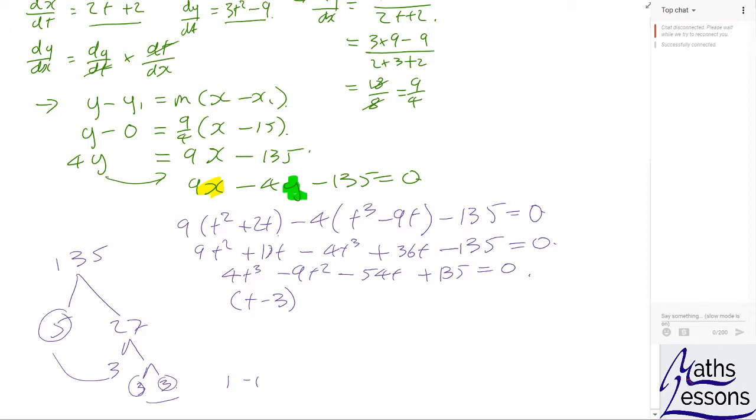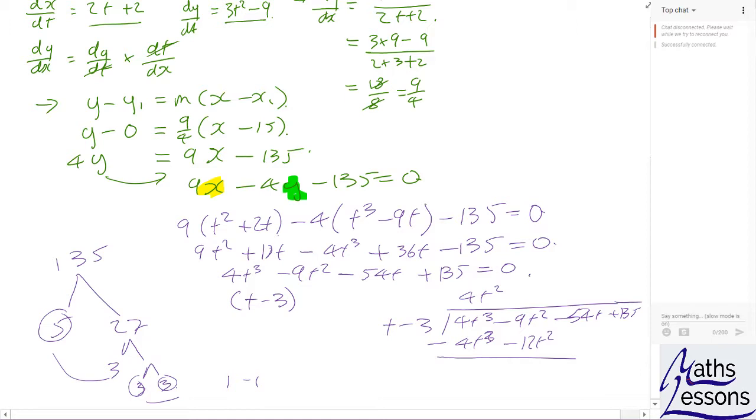And therefore we can then do division. Well, you can do this in lots of ways. Lots of you I know prefer division, to find out what's left. So t into that goes 4t squared. Times back, 4t cubed minus 12t squared. Subtract that, that leaves me 3t squared minus 54t plus 135.